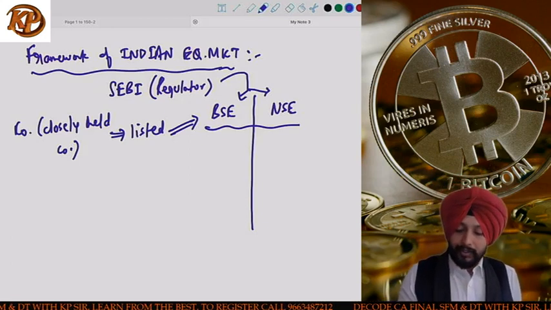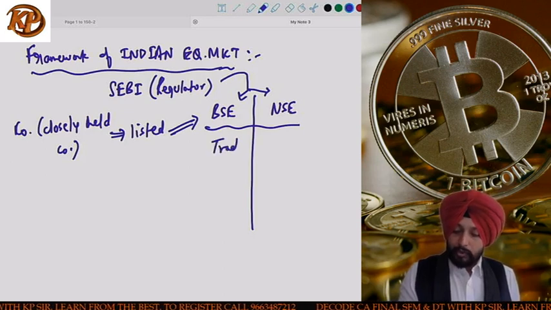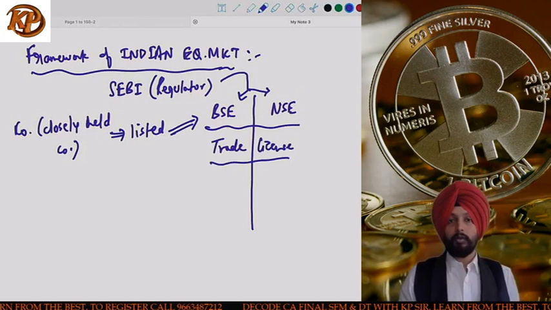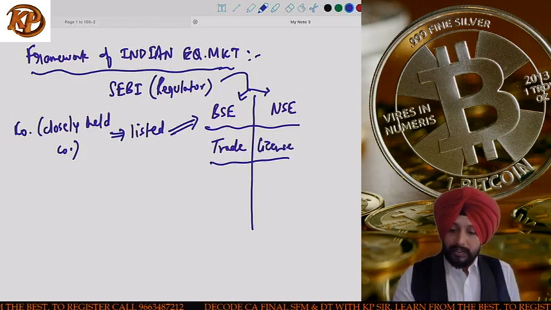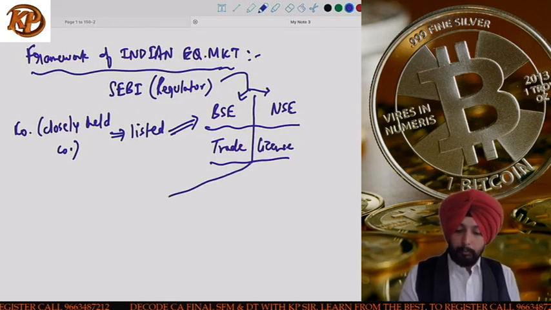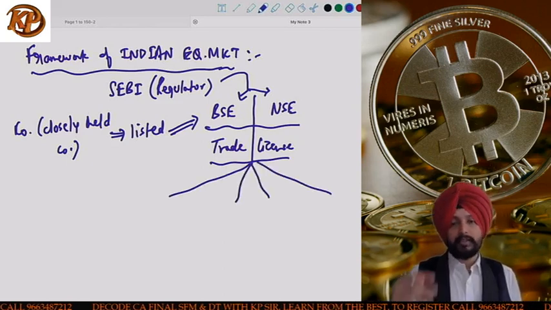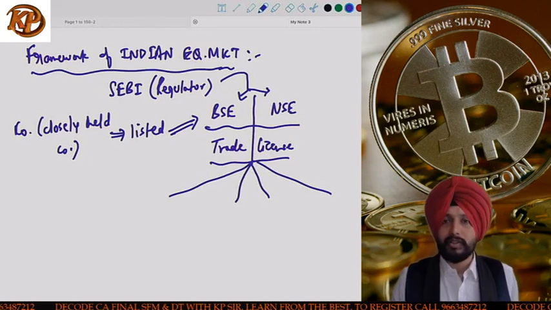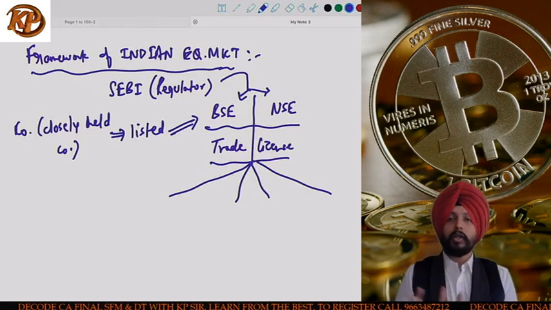So what they did, they have issued trade license to different brokerage houses. These trade license can be purchased by a brokerage house on fulfilling certain conditions. Those conditions we are not interested in. We are not doing CS right now. We are not looking into the compliance part.